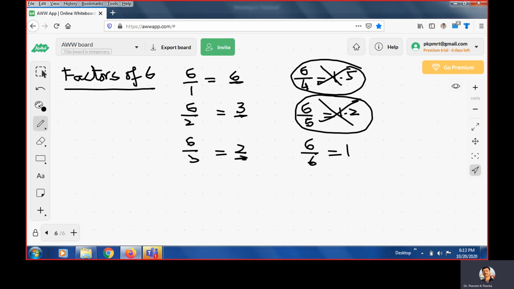So what are the total possible factors of 6? The first is 1, the second is 2, the third is 3, and the fourth is 6. These are the possible factors of 6.